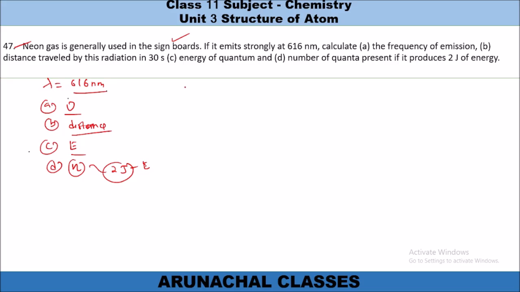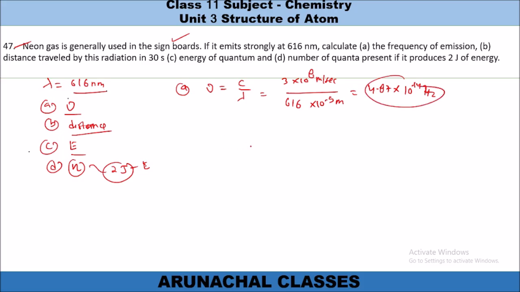So we have frequency equal to c upon lambda. c value is 3 into 10 power 8 meter per second divided by lambda, that is 616 into 10 power minus 9 meter. Solve this, we will get 4.87 into 10 power 14 hertz. So this will be the frequency in this case.